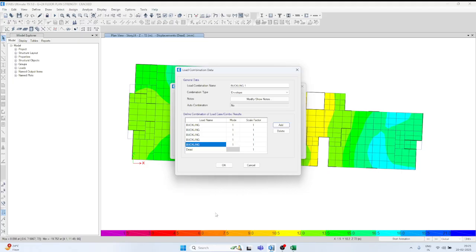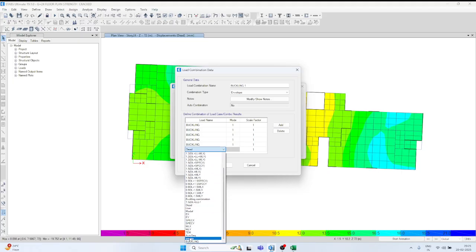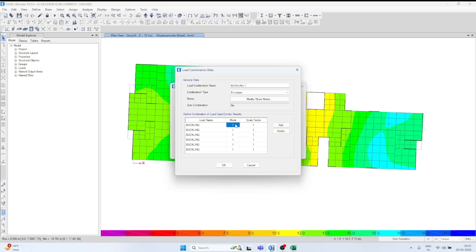Here buckling, and here also buckling. This is mode 1, this is mode 2, this is mode 3, this is mode 4, this is mode 5, and this is mode 6.